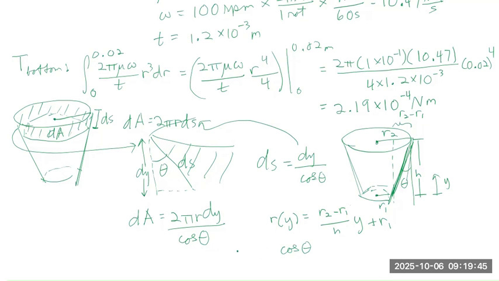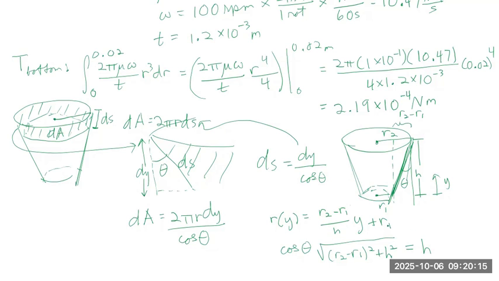So we're going to express the hypotenuse as the square root of, using Pythagoras' theorem, (R2 minus R1) squared plus h squared, because h is the y.